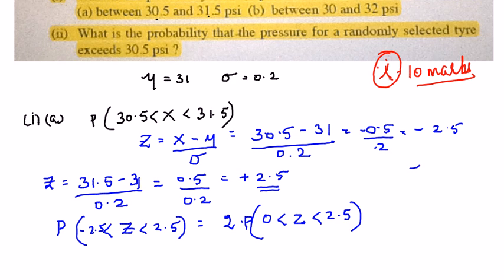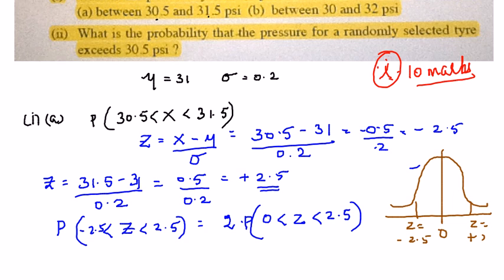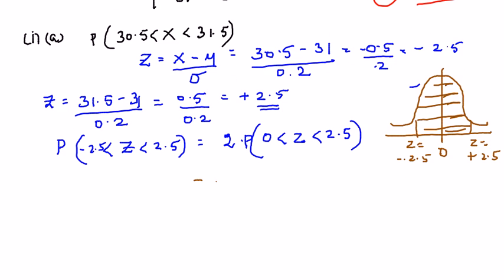So basically I also have to draw my bell curve to show you. I'm drawing this in the z scale. So if z is equal to 0 here, this is z equal to minus 2.5 and z equal to plus 2.5. So this is the area under the curve that we have to find out. Because the area from 0 to minus 2.5 is the same as from 0 to plus 2.5, that's why I've put 2 times of that.